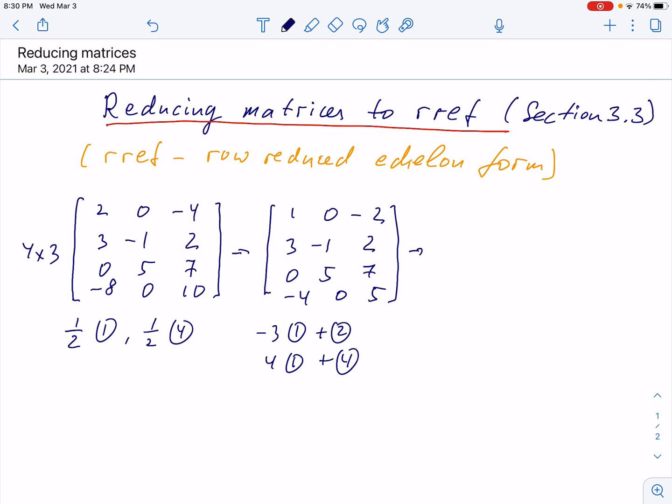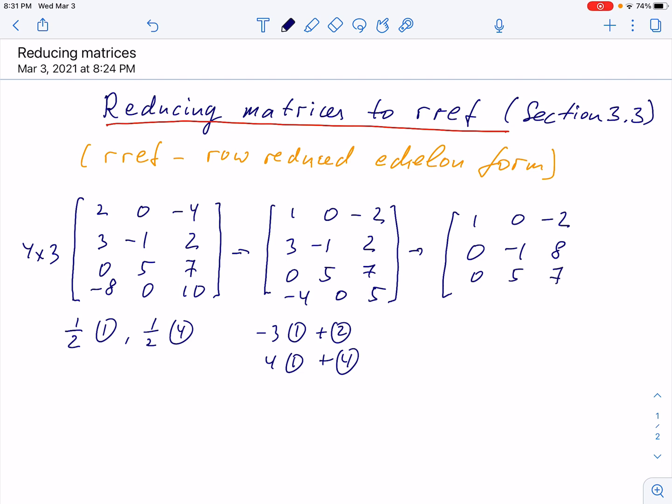So let's do these operations. The first row does not change. Then the second becomes 0 first. -1 is not changing because we're adding 0. -3 times -2 is 6, and 2, 8. We're not changing the third, it's good enough.